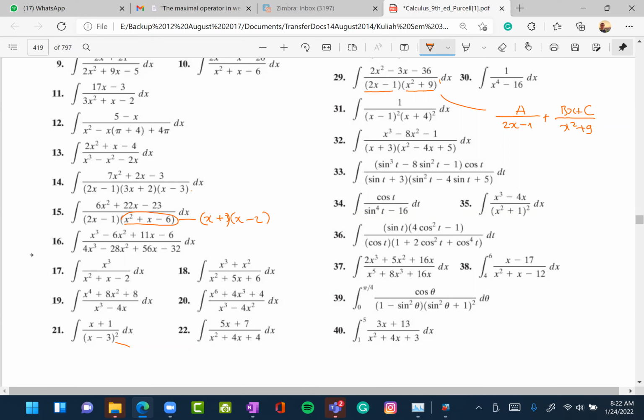Let's see this one. This is a non-factorizable quadratic, but it is repeated. So you have to get to have this one.